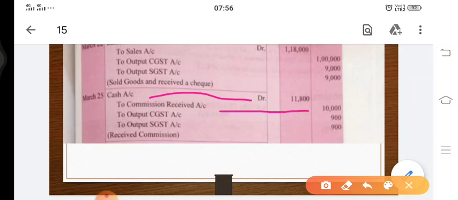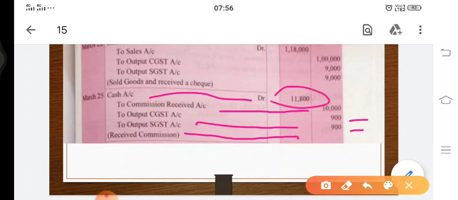Now obviously on this income we'll have to pay GST, and any GST that we have to pay will become our liability, and that's why output CGST and output SGST got credited. 10,000 ka 9%, that comes to 900 and 900. So the total amount that we have received is 10,000 for commission, 900 for CGST and 900 for SGST. So the total amount comes to 11,800.